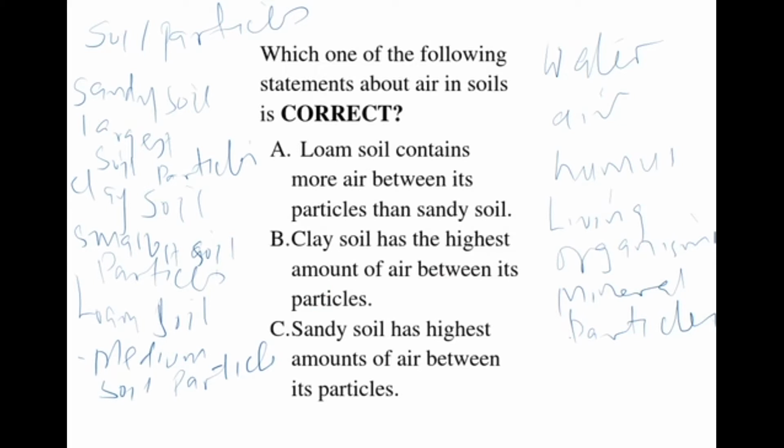It is wrong, since clay soil has the smallest soil particles, so the space in between the soil particles is very small, so it has very little air in between. C: Sandy soil has the highest amount of air in between the soil particles. That statement is correct, since sandy soil has the largest soil particles. Therefore, more air is held, or large air spaces are left in between the soil particles.